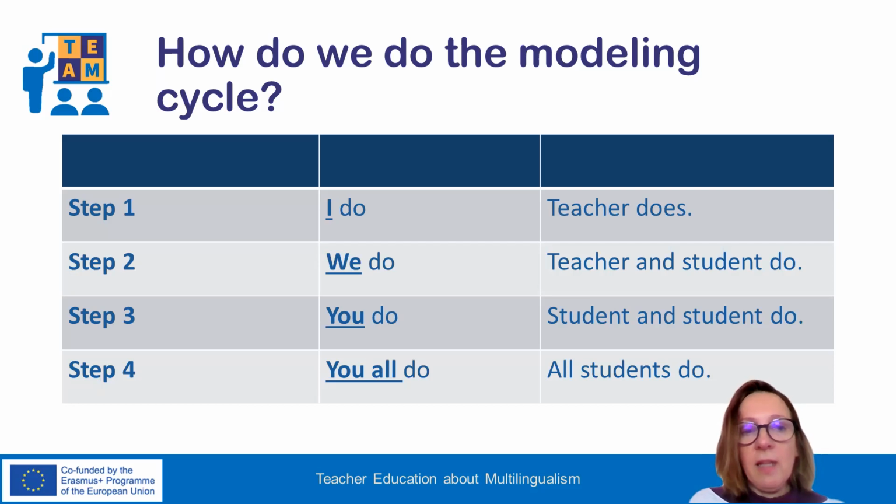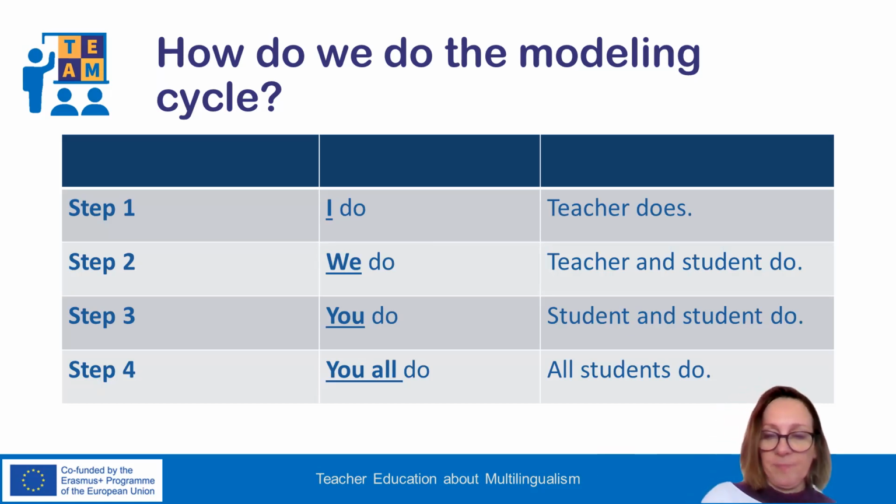And finally, the last stage of this modeling cycle requires all students to repeat, to model the new language. So I do refers to the teacher, we do refers to the teacher and the student, you do refers to 2 students, and you all do refers to the whole class.